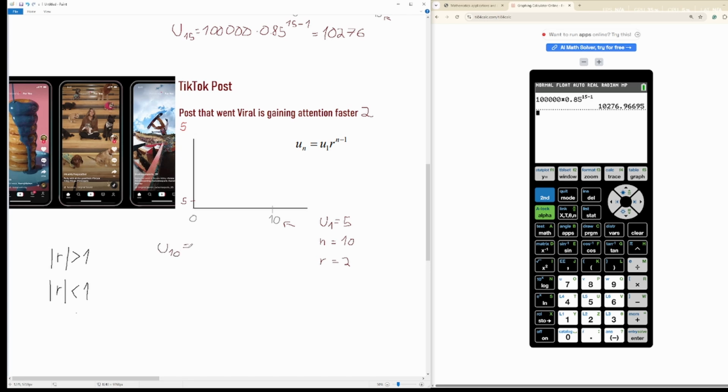u_10 equals 5 times 2 to the power of 10 minus 1. Then we plug it in, and we get that in the 10th minute, it has a total of 2,056 likes.